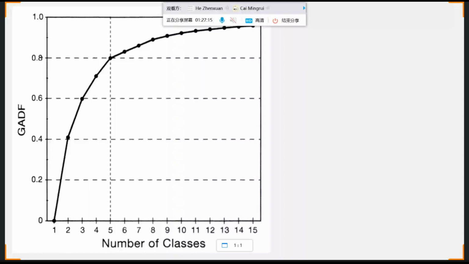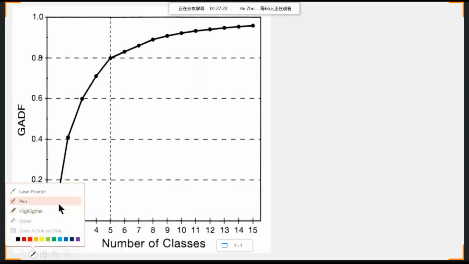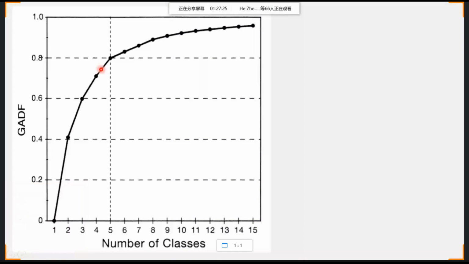So this curve is very important because it can help you to find the optimal number of classes.